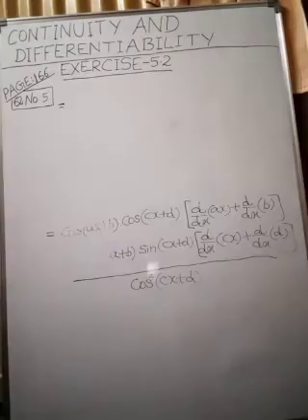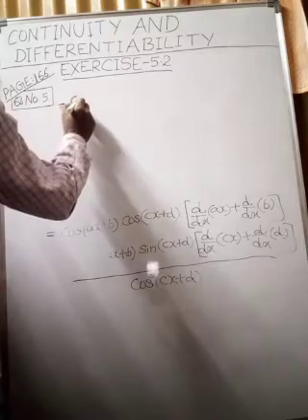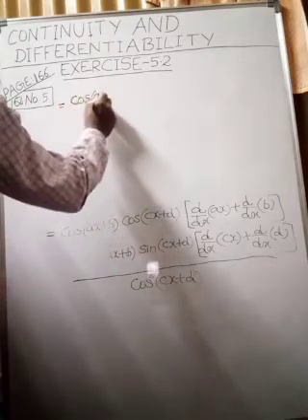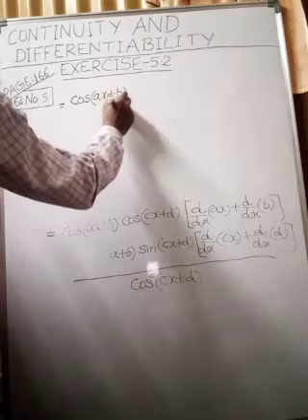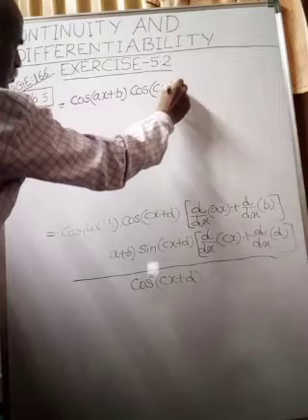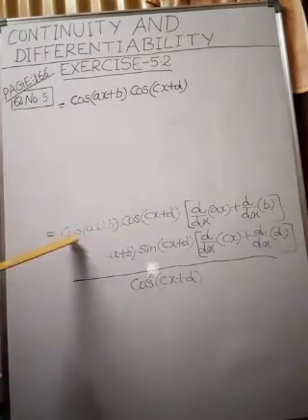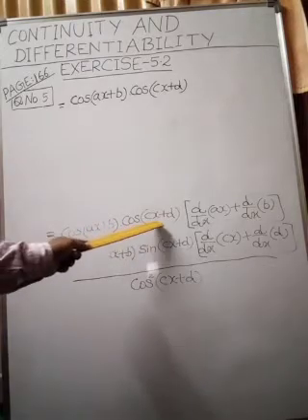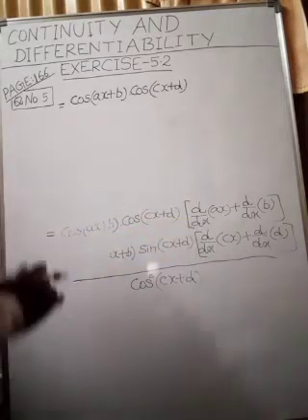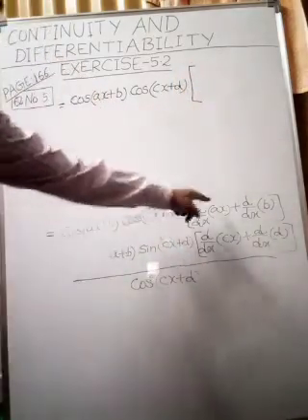Now come to the next step, my dear children. Cos of ax plus b, I wrote this part as it is, cos of ax plus b into cos of cx plus d into, here in this bracket, d by dx of ax.